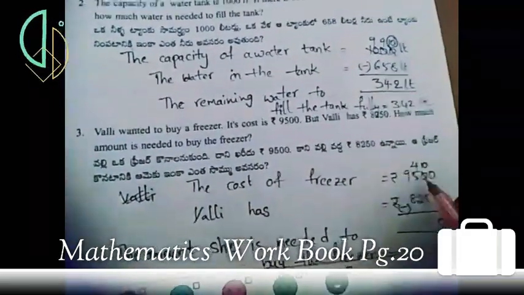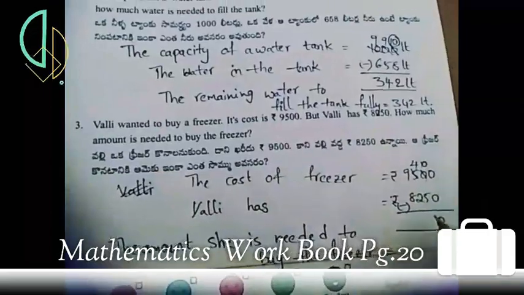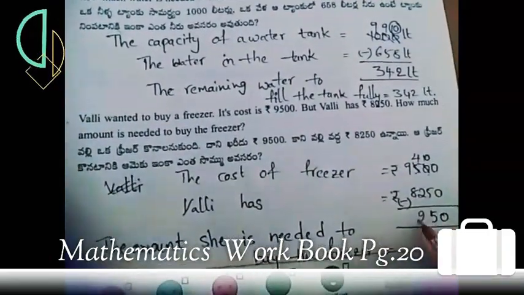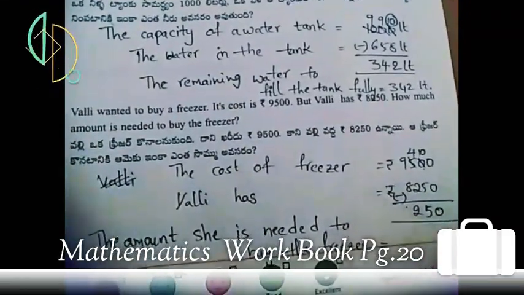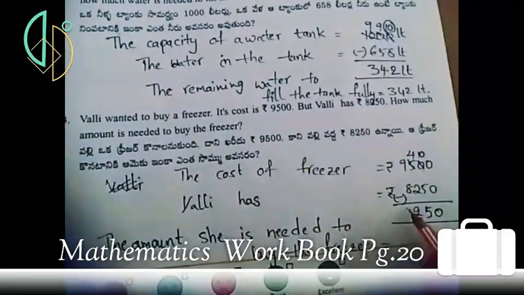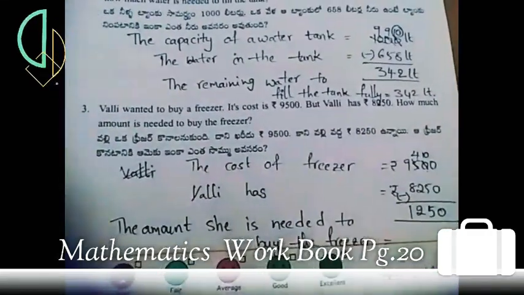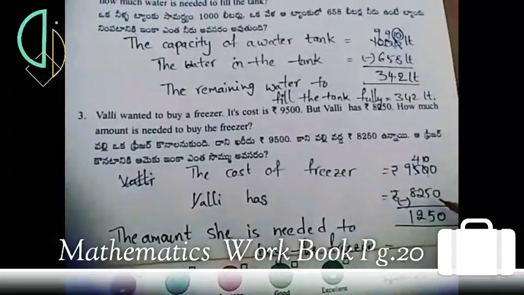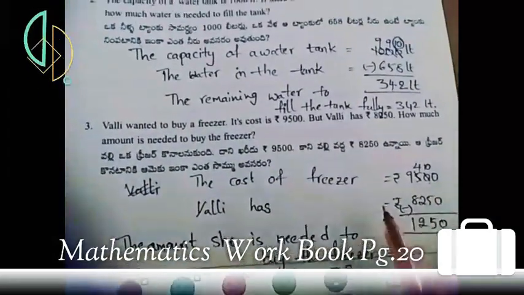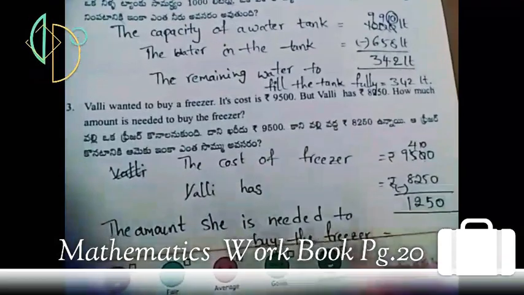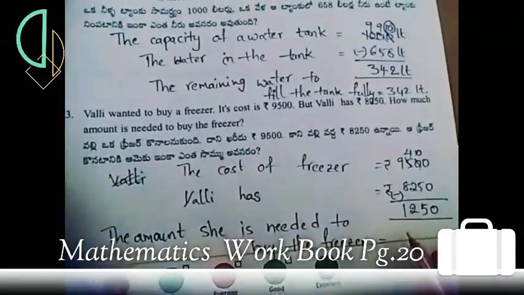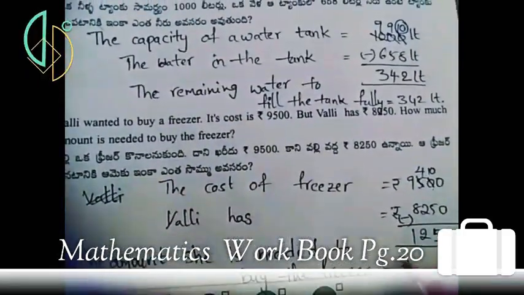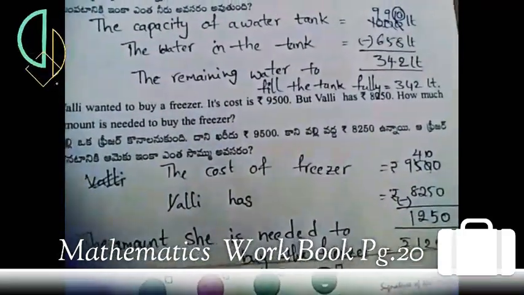It will be 10 here, and it will be 4. 10 minus 5 is 5, 4 minus 2 is 2, 9 minus 8 is 1. So to buy the freezer, Valli needs 1,250 rupees extra. This is the answer.